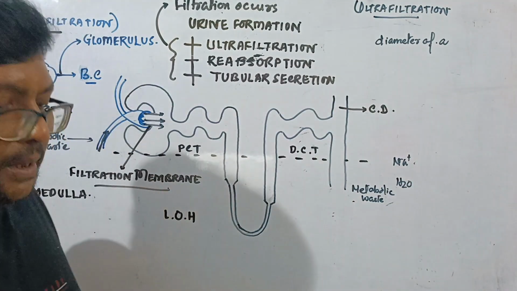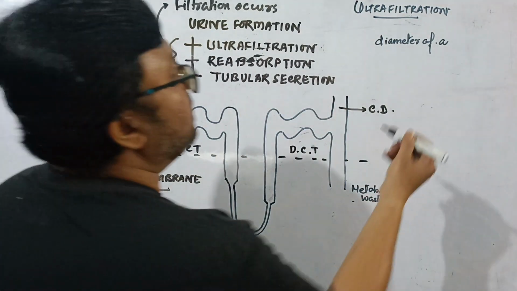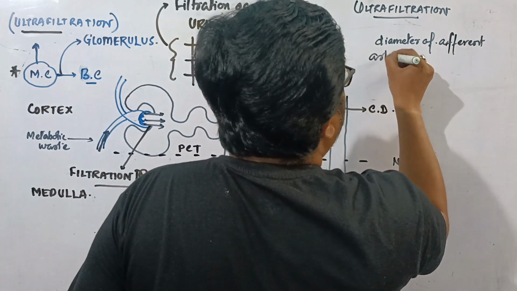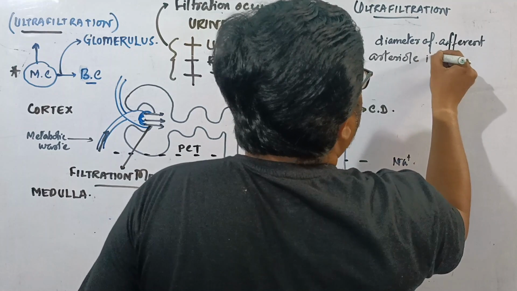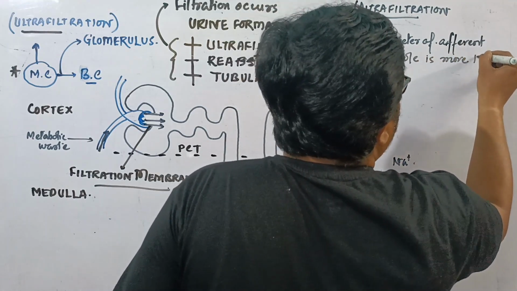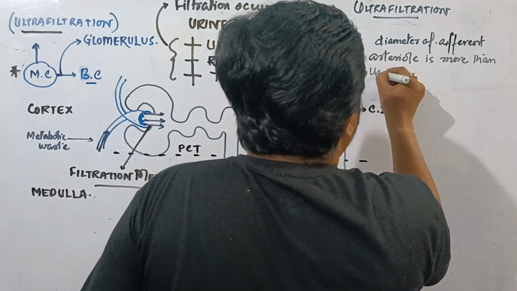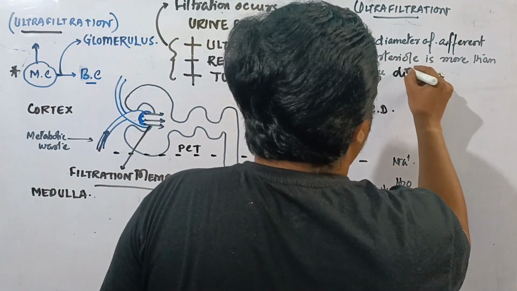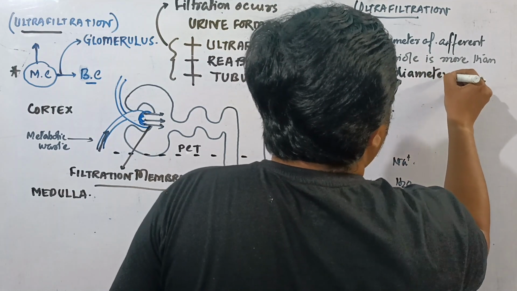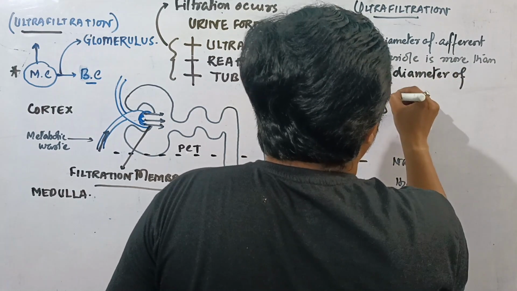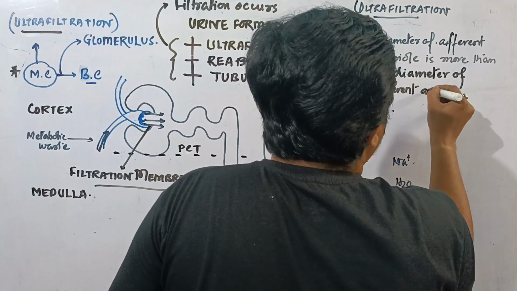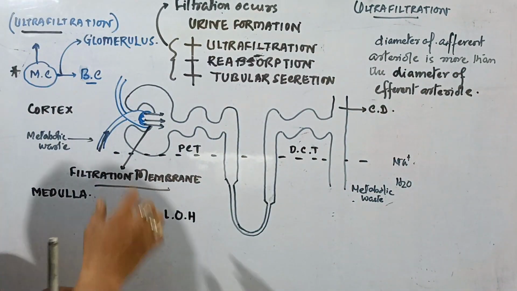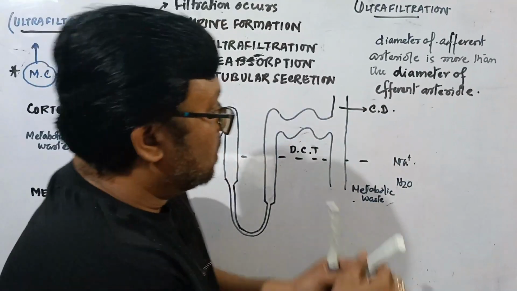Okay, so basically what we'll see is that the diameter of afferent arteriole is more than the diameter of efferent arteriole. ঠিক আছে. So কি বলেছে প্রথমে এটা বুঝবো.